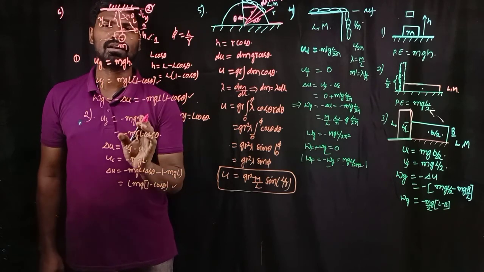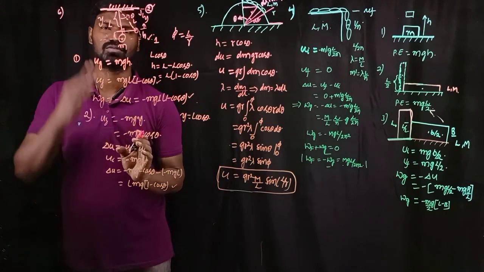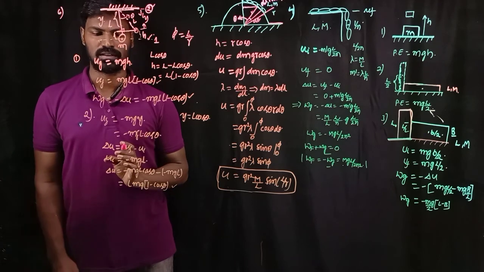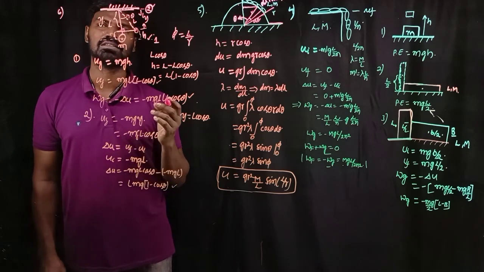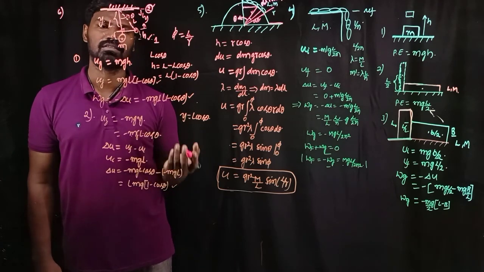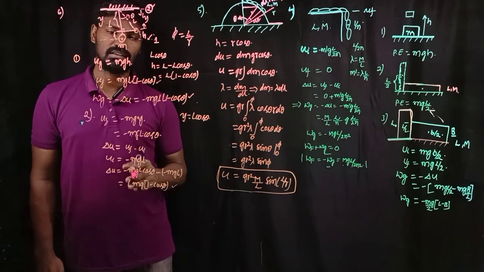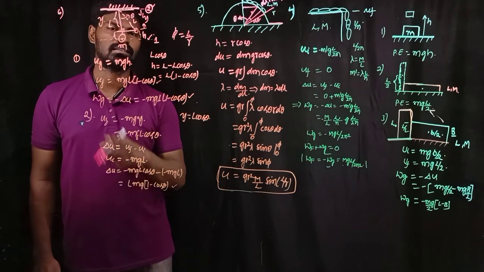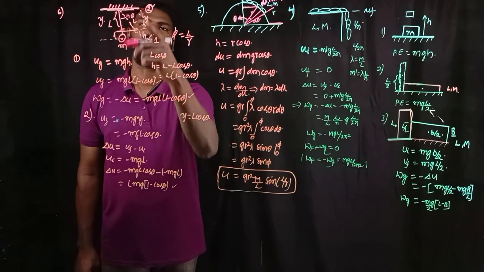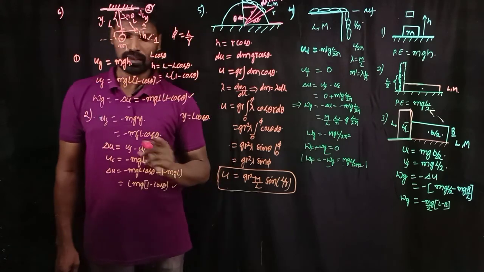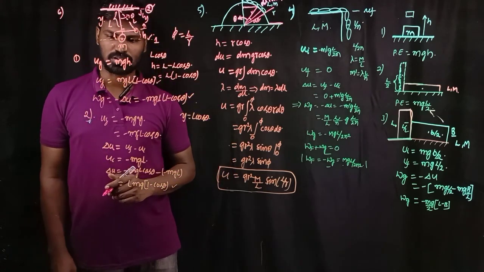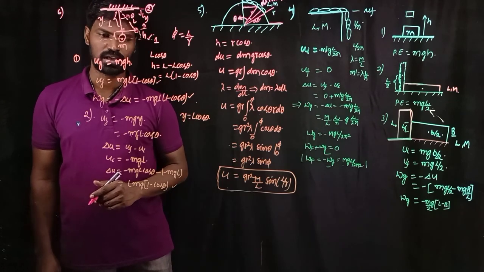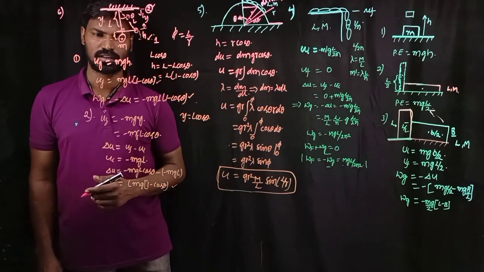You have to consider one reference, and with respect to that reference only we can talk about the potential energy. It may change depending on the reference level that we consider, whereas the change in potential energy is always the same, whatever reference you consider. That is one of the important observations regarding gravitational potential energy, or not only gravity, any potential energy.